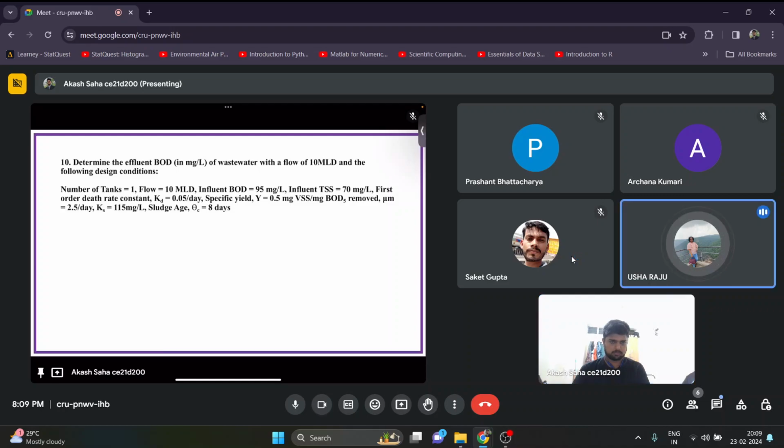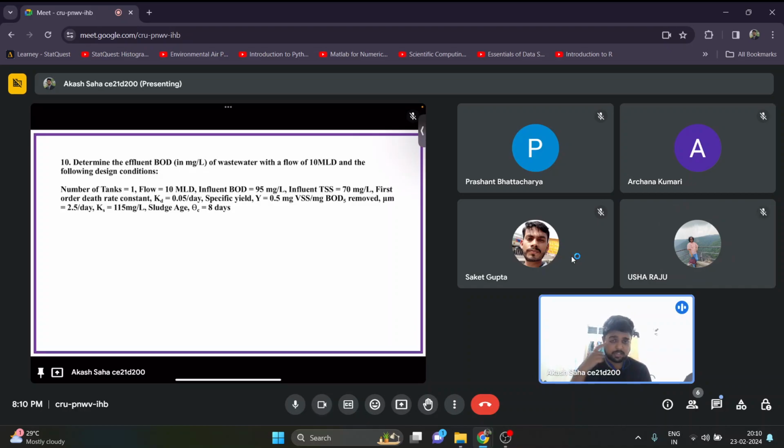What does this influent TSS mean? The microbes are being added. What does this influent TSS mean? TSS is the total suspended solids. But do they count for the microbes? So no, microbes we will find out in terms of VSS.